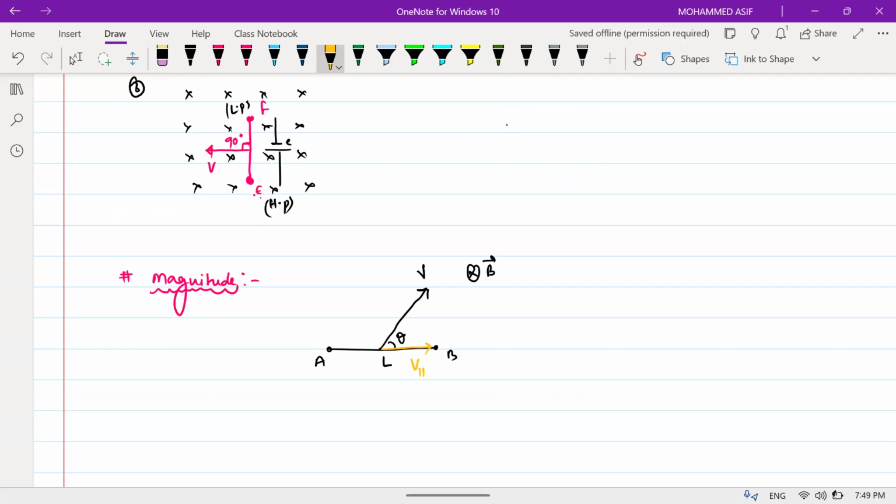One is parallel and another one is perpendicular. V parallel will be equal to V cos theta and V perpendicular will be equal to V sin theta. Am I clear?